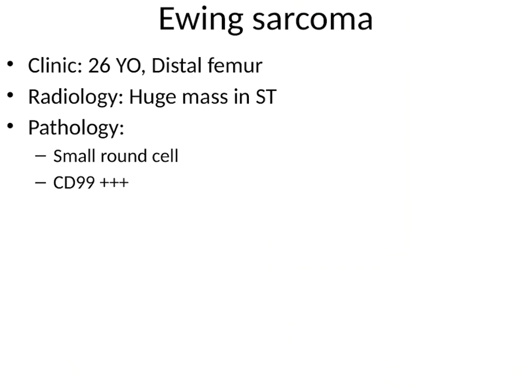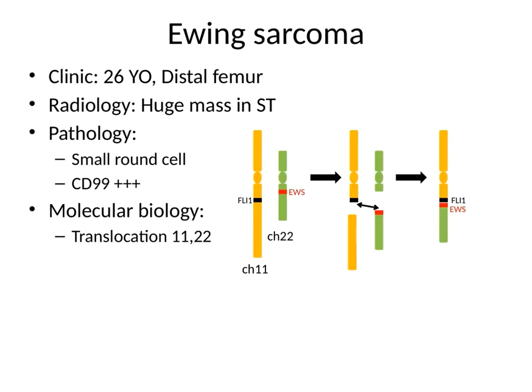The diagnosis of Ewing sarcoma is based on the evaluation of clinical, radiological, and pathological features. However, to validate the diagnosis, molecular biology is necessary. Indeed, Ewing sarcoma is characterized genetically by a specific translocation between chromosomes 11 and 22.